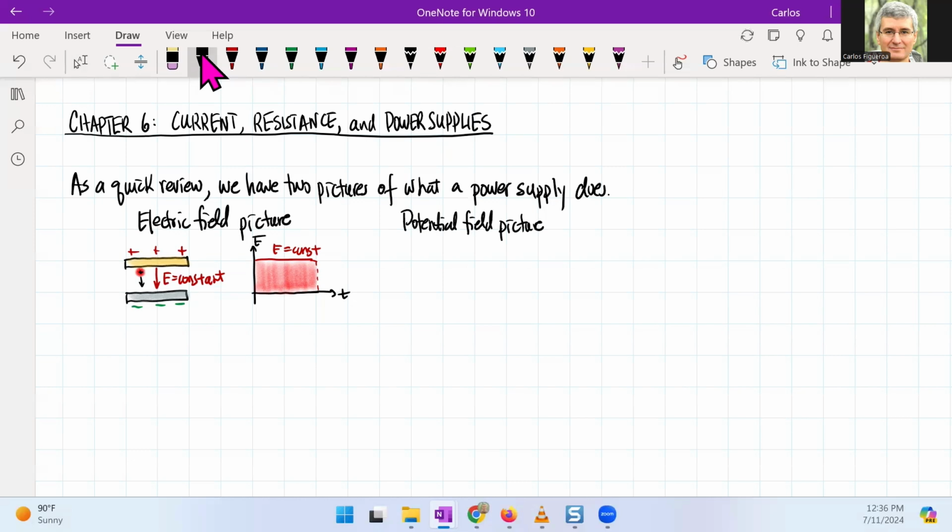In a very analogous way, we have two plates, but one of these plates is higher up than the other one. So if this is my higher and this is my lower, we say that we have a low potential here, and up here we have a high potential, where again we have charged plates.